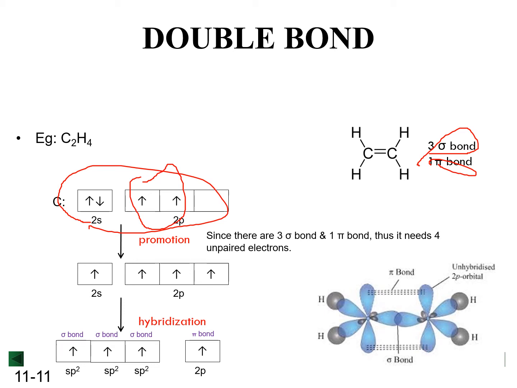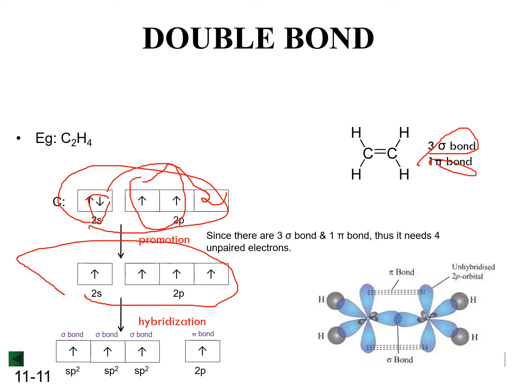Since 3 sigma bonds and 1 pi bond need 4 unpaired electrons, look at the ground state, it only has 2 unpaired electrons. So it cannot form 3 sigma bonds and 1 pi bond. So what we need to do is promote 1 electron from s to the empty p orbital here and forming this.